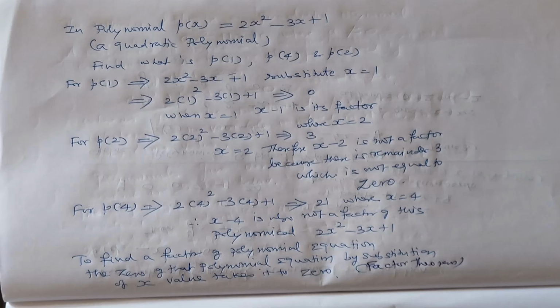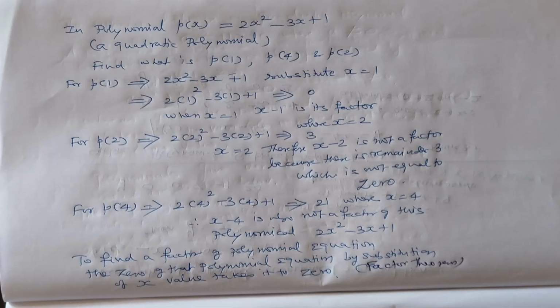For p(2), the remainder becomes 3. If you substitute the value of 2 for x, the expression gives the value of 3. Because it is more than 0, x minus 2 is not a factor, because there is a remainder 3 and its value is not equal to 0.